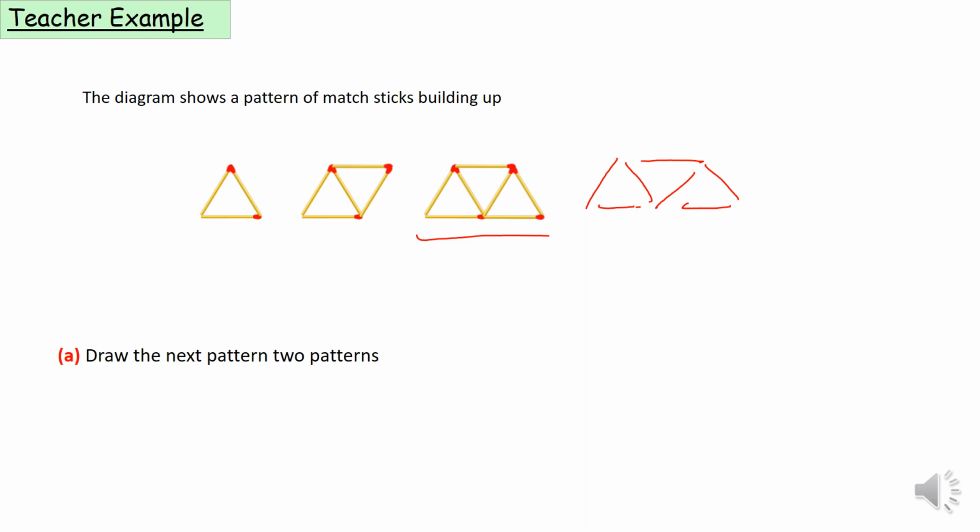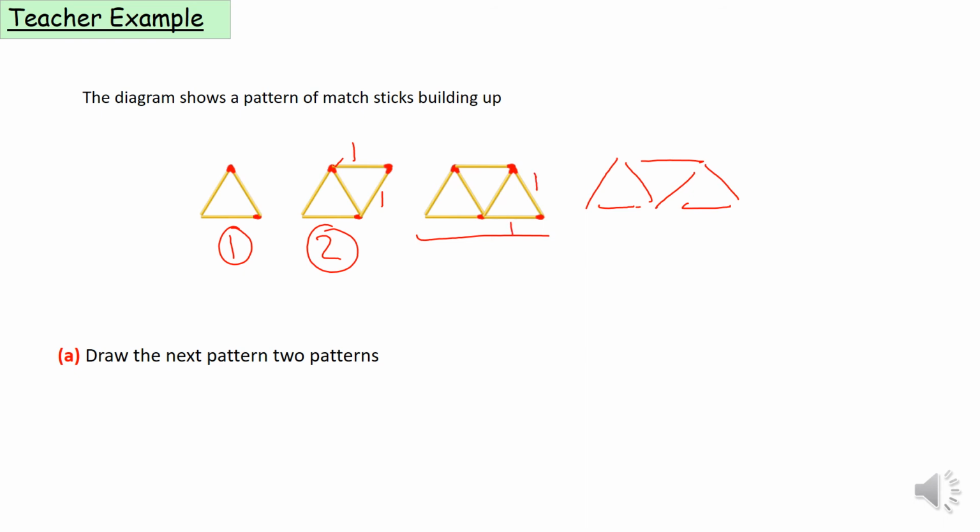Now as you can see, with this one, with the first pattern, we had 3 matchsticks in the shape of a triangle. In the second pattern, we had the same triangle, but then 2 matchsticks were added on. Those two were added on to form another triangle.